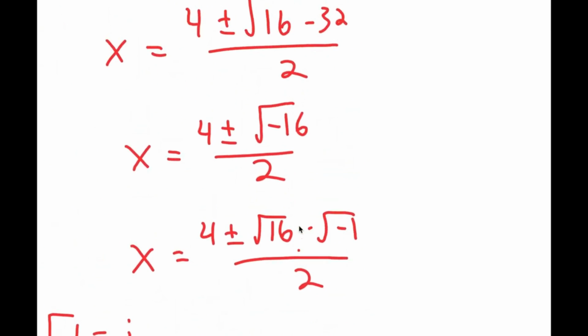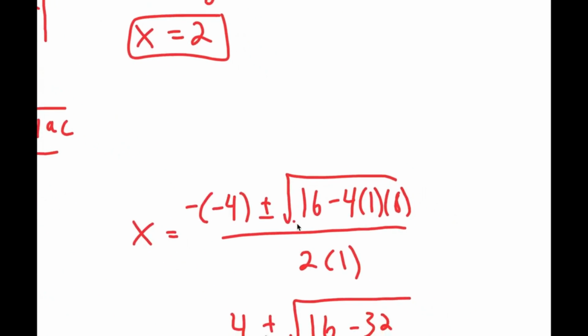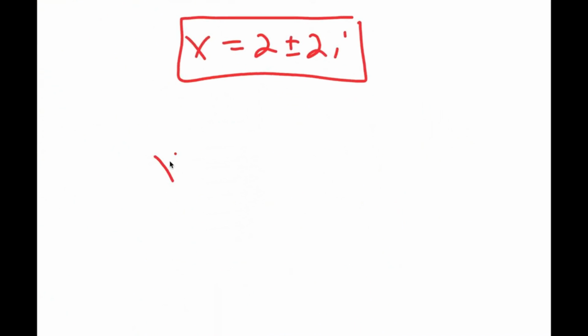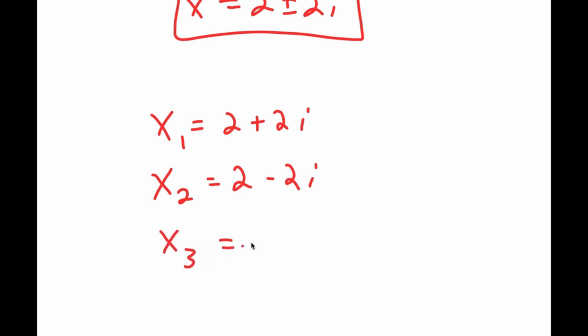So my three solutions of x are x is equal to 2 plus 2i, x is equal to 2 minus 2i, and x is equal to 2.